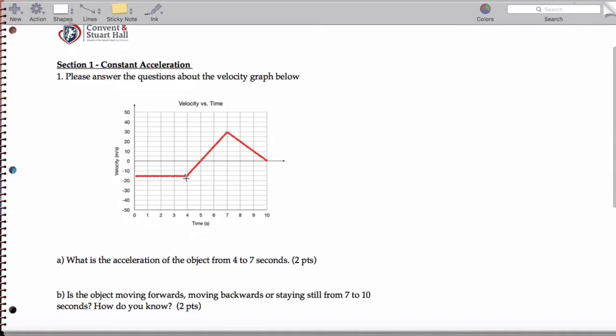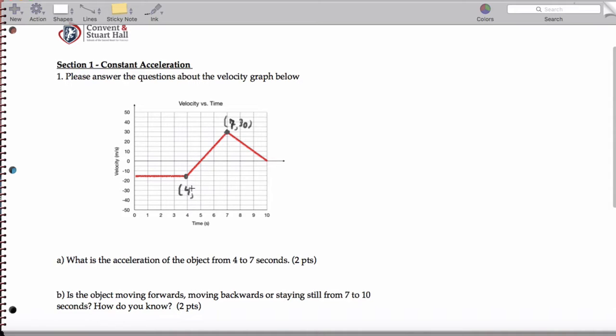So first we want the acceleration of the object from 4 to 7 seconds. And let's just remember that the acceleration is the slope of the velocity graph. So this point here on the coordinate plane that I've drawn is simply 7, 30, which means at 7 seconds we're actually going 30 meters per second.